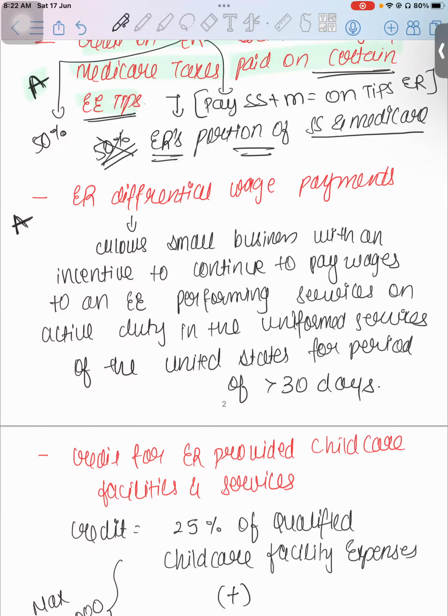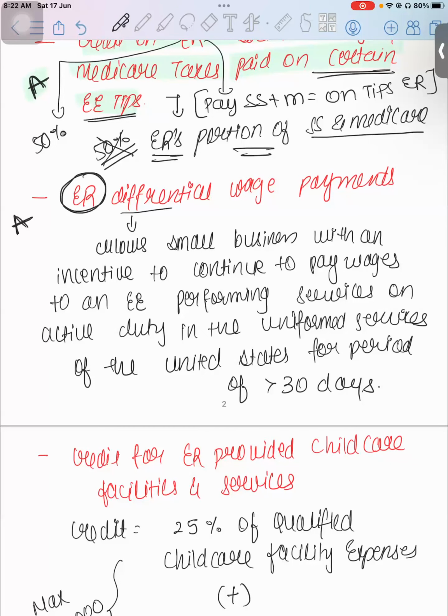Some employees, if they are employed at a location very far from their house, skip going to that employer and shift jobs. But some employers will provide higher wages, saying that if you're working from this location, I'm going to provide you higher wages.